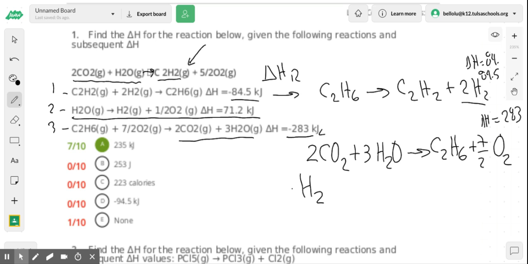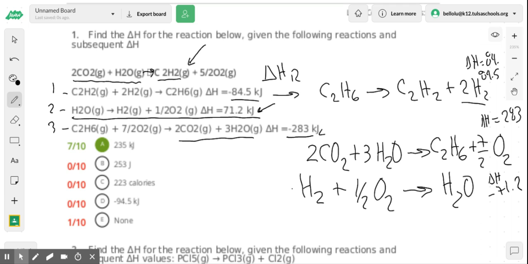So reversing that reaction, hydrogen and 1/2 of oxygen go to the reactant, producing water. And because I reversed that reaction, the enthalpy will become negative now, negative 71.2.